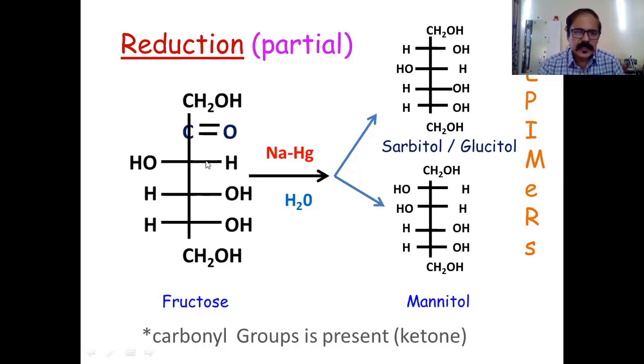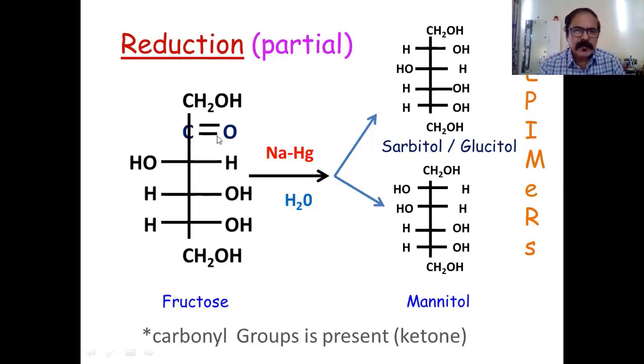Here you can see the structure of fructose. Fructose has a C double bond O. When sodium amalgam supplies hydrogens, one hydrogen will attach to the oxygen, making it OH, and one hydrogen will react with the carbon. When this hydrogenation takes place, there are two possibilities.